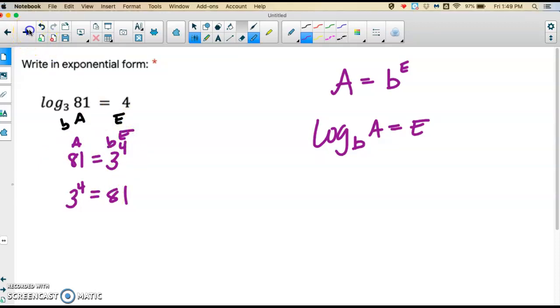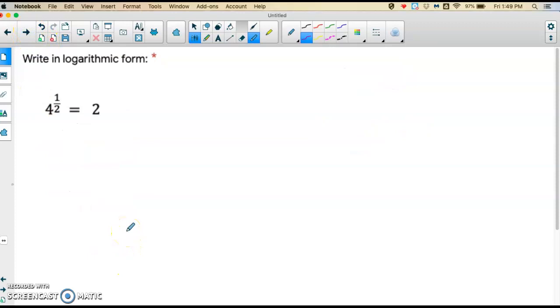Okay, next one. The second problem here is you're going to write this in logarithmic form. So again, they put the exponent first if you want to rewrite it as Abe, like this. Here you go. So this is Abe right now, and we need to write it in logarithmic form.